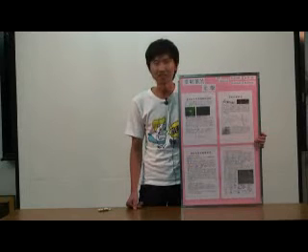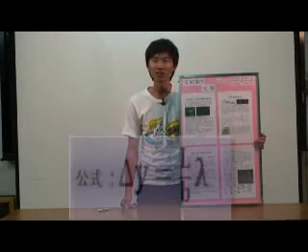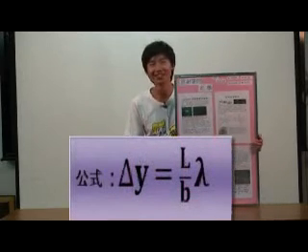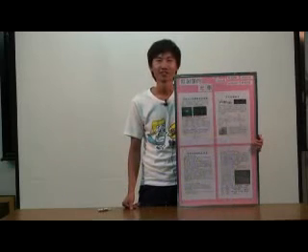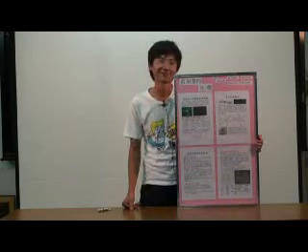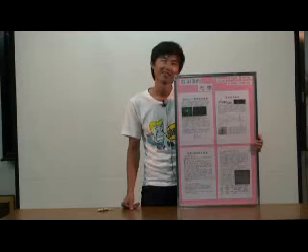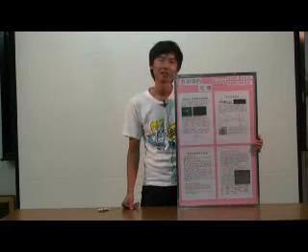In other experiments, if we want to know the wavelength of another laser light, similarly, we can use the formula again. First, we should have one laser light of known wavelength. Subsequently, use the same concept as above to calculate the value D, which now means the distance between two lines of calibration.